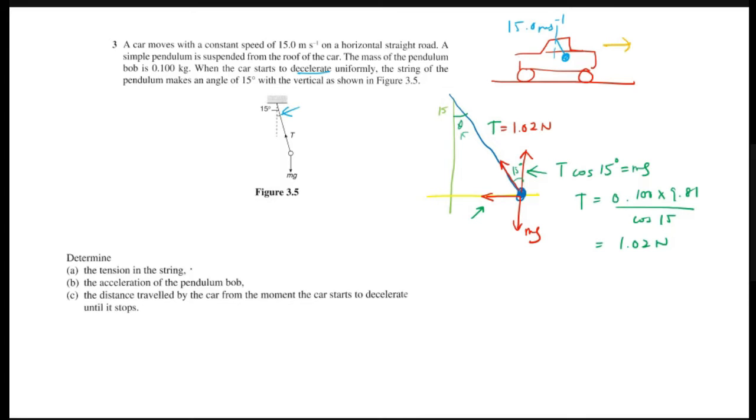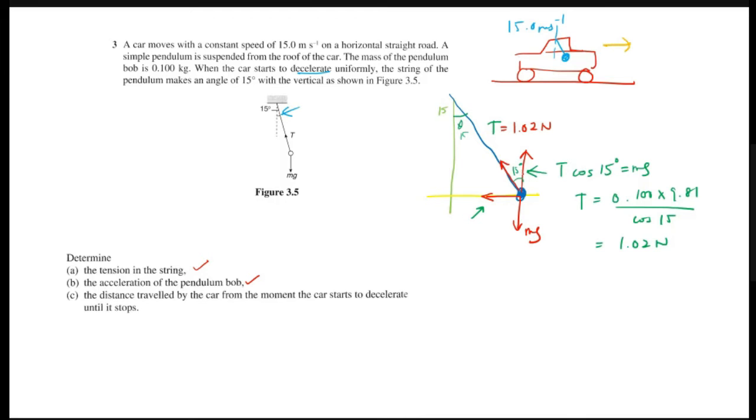We now have the tension in the string. Part B, the acceleration of the pendulum bob. How much is the acceleration of the pendulum bob? The tension is the one pushing on the right side.